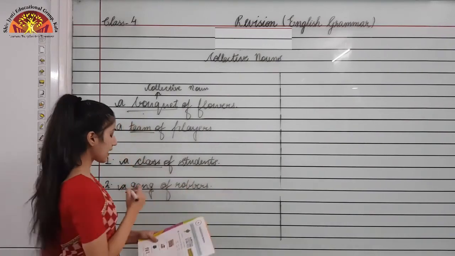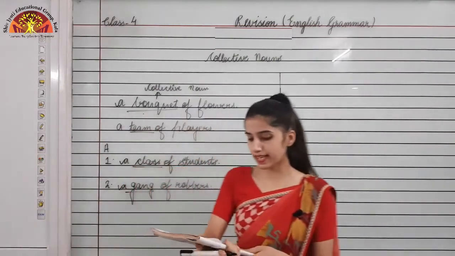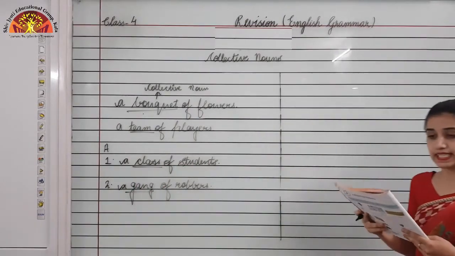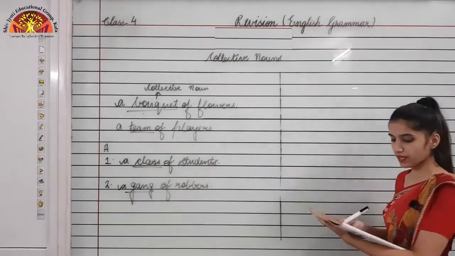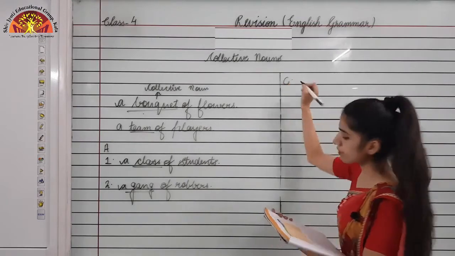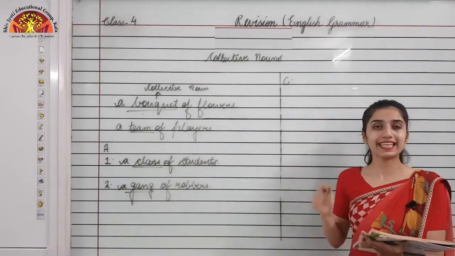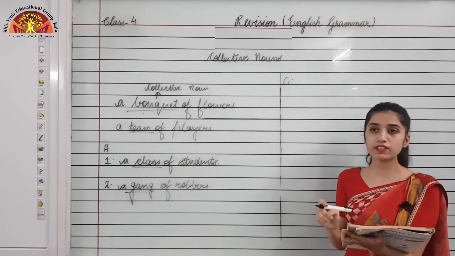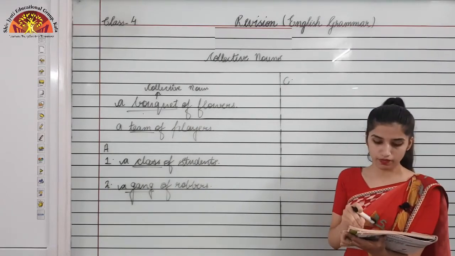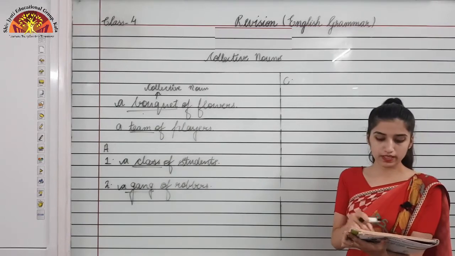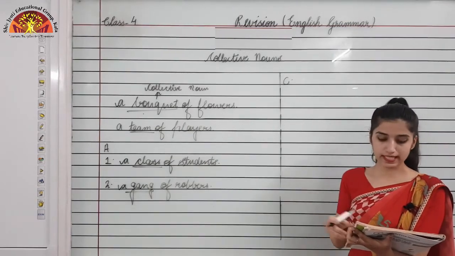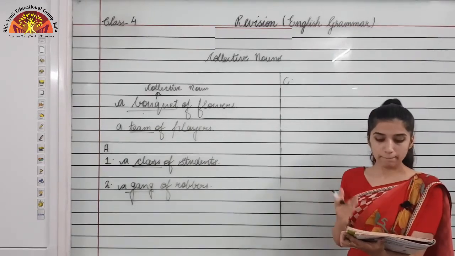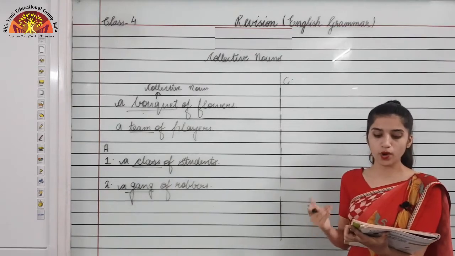Now moving to the next exercise of this chapter, that is exercise number C. So C exercise is: fill in the blanks with appropriate collective nouns. And some collective nouns are already given in the box, that is crew, collection, herd, bundle, team, pack, swarm or committee.